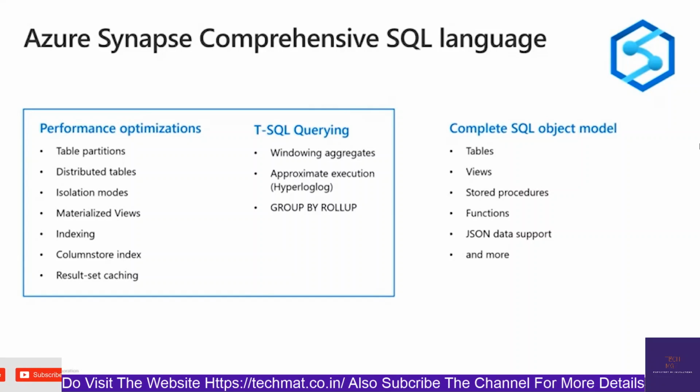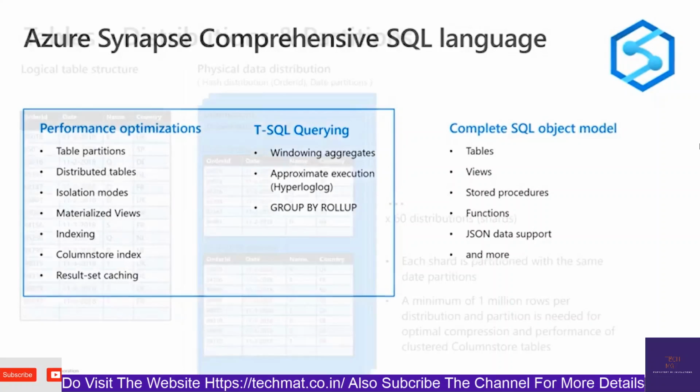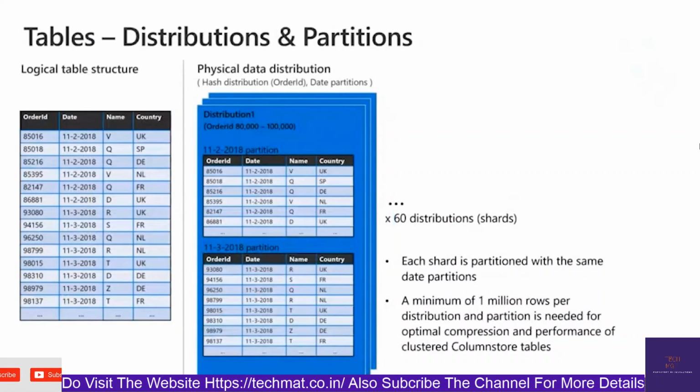Apart from the table distribution, there is table partitioning, for instance, materialized views, indexes, including columnstore indexes, and result set caching. Also, we use some interesting functions and approaches to optimize the query performance, using windowing aggregates, using approximate execution like HyperLogLog, and some other things like GROUP BY ROLLUP and so forth. Let's talk about that.